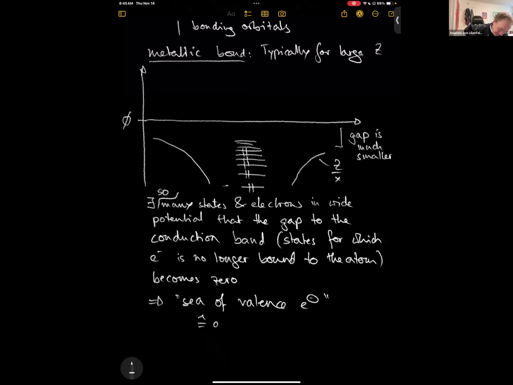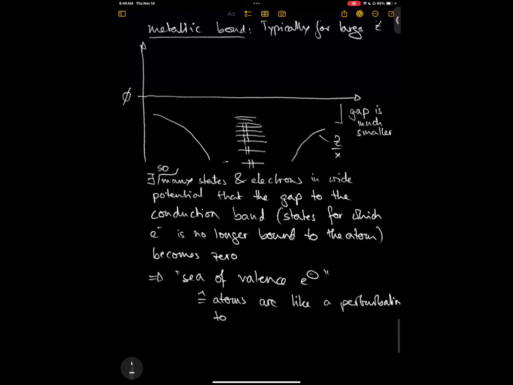So atoms are like a perturbation to, and we call this an electron gas or uniform gas.